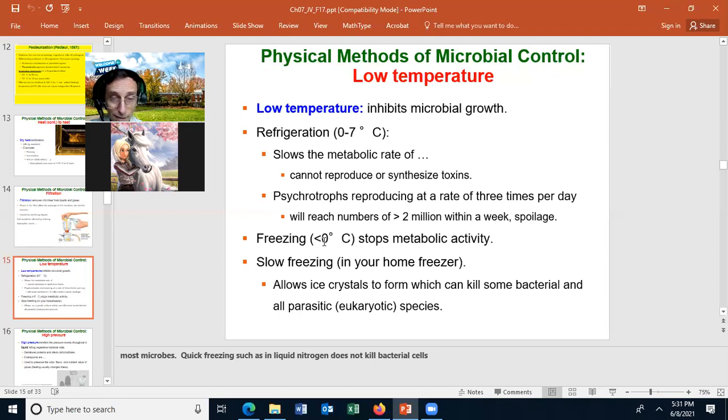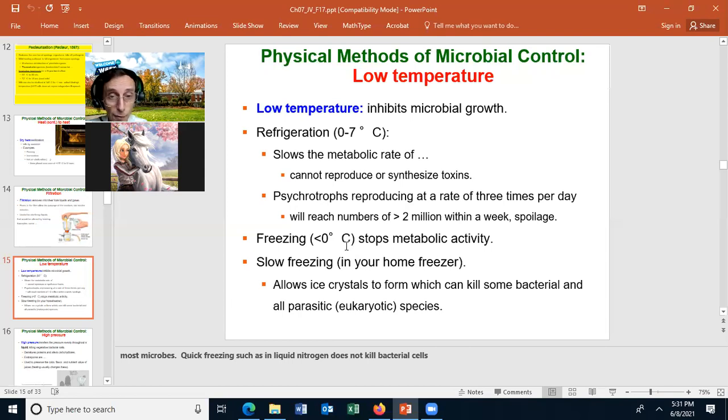Of course, endospores, nothing's going to die, but of vegetative cells, about 50% will die upon freezing and then thawing. That's due to ice crystals forming in the cells, killing even some of the bacteria, but not all of the bacteria.